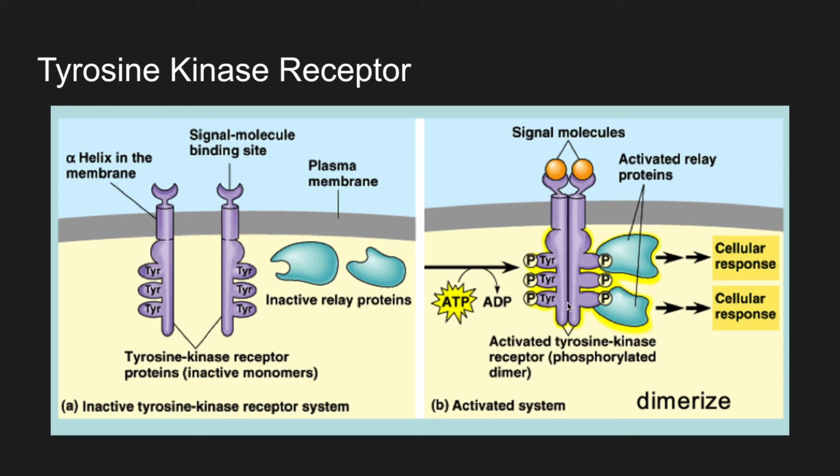A dimer just means that these two parts have now come together and interacted, and ATP is going to provide the phosphates that attach to this receptor and is going to cause this to kind of cross over, if you can follow my mouse. And this then causes activated relay proteins to come and bind to this membrane receptor, which invokes a cellular response. So in this case, the important thing to identify is that the tyrosine kinase receptor kind of claps its hands together to invoke cellular response, and this is activated by ATP.